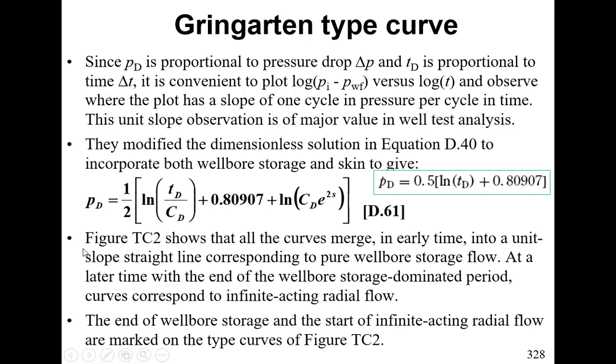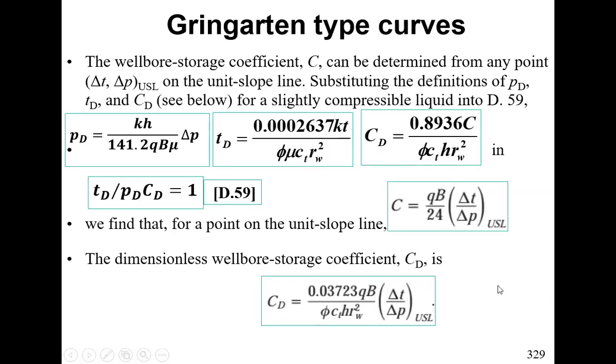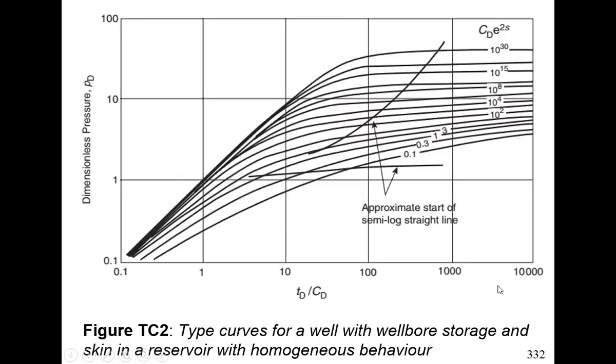So figure TC2 shows that all the curves merge at early time into a unit slope corresponding to pure wellbore storage flow. At later times, with the end of the wellbore dominated period, the curves correspond to infinite acting flow. Let me show you what I'm referring to as TC2.